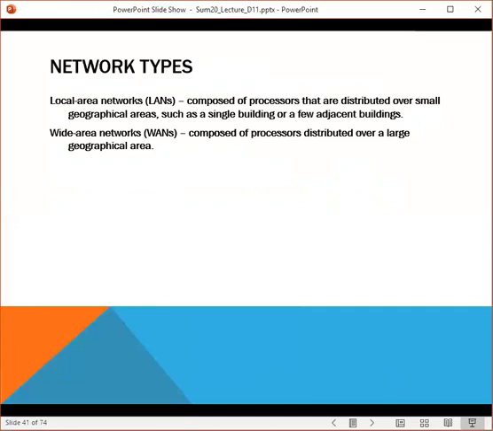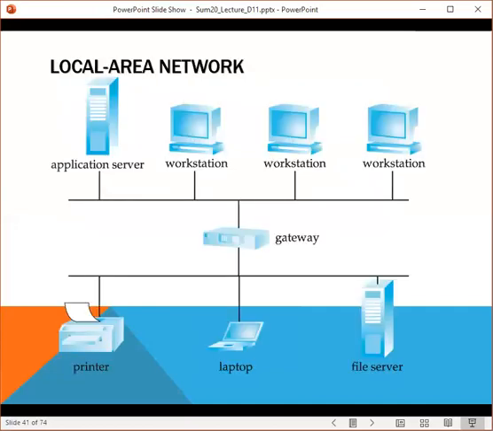And so you have a variety of different routing protocols in a wide area network for getting the data efficiently from one location to another. And here we see the typical setup of a local area network, your server, and then you have a variety of workstations and computers, and a printer even on the network.